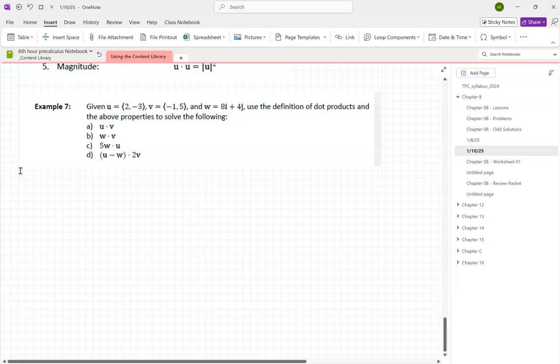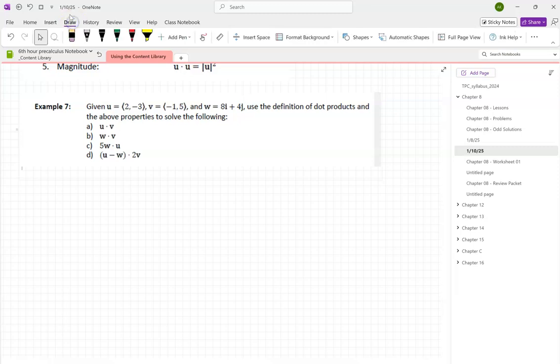All right. So it says, given that u is the vector <2, -3>, v is the vector <-1, 5>, w is the vector 8i plus 4j, use the definitions of dot products and the above properties to solve the following problems.